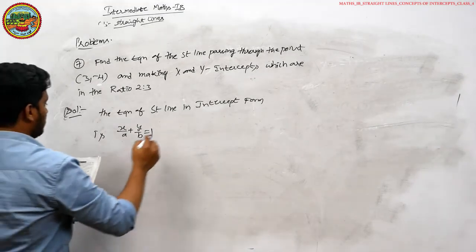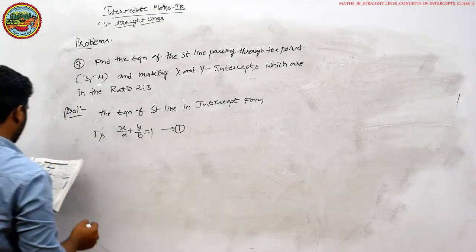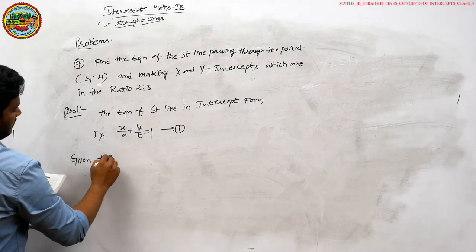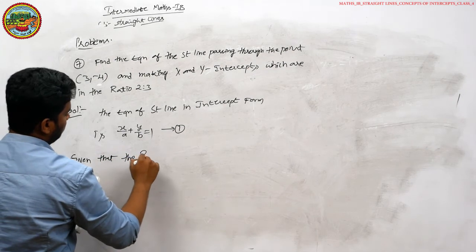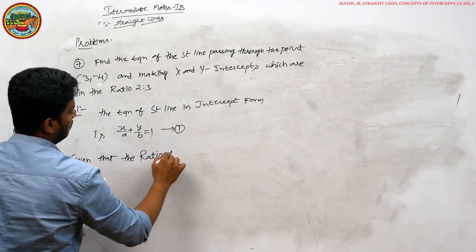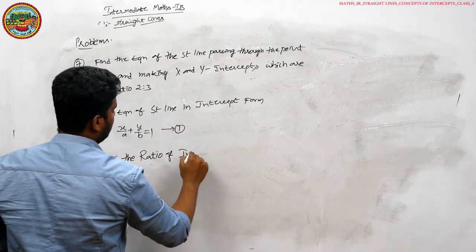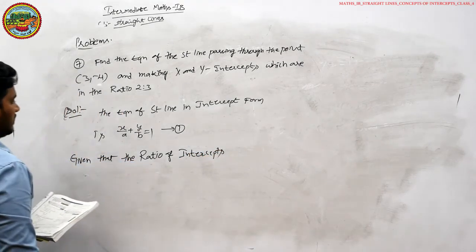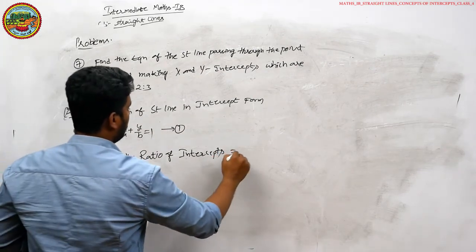Let this be equation 1. Given that the ratio of intercepts is equal to 2:3.